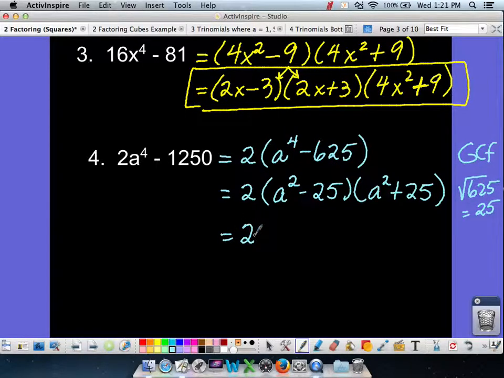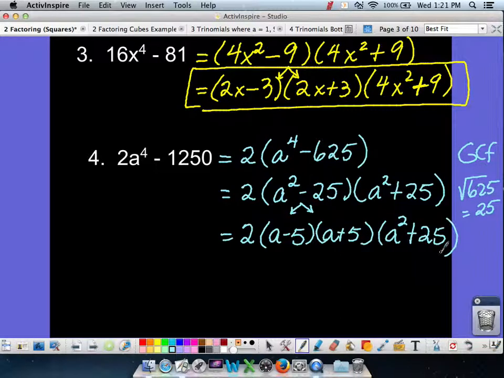So I keep the greatest common factor, and I'm going to factor this into 2 binomials. A minus 5, a plus 5. So what square gives me a squared, and what square gives me 25. And then I keep that sum of squares, a squared plus 25. That does not factor. So in this final answer, all of this must be included.